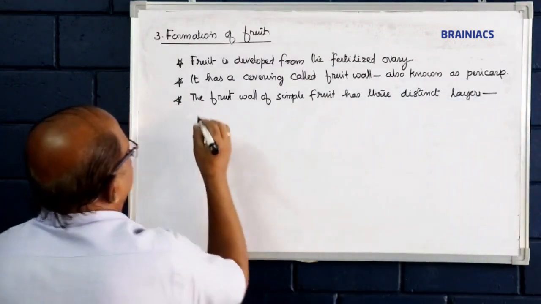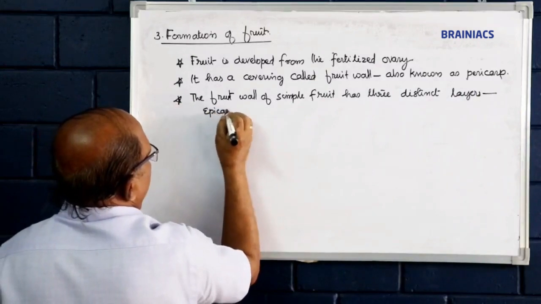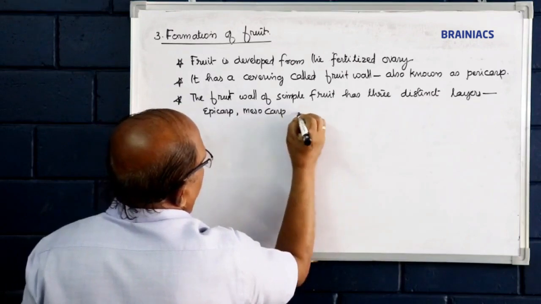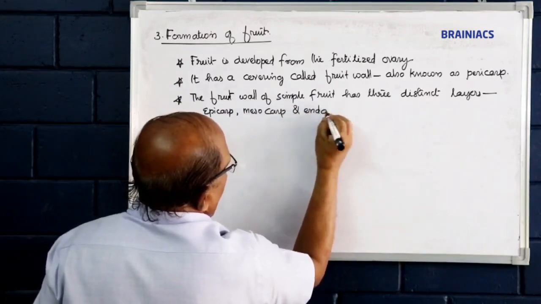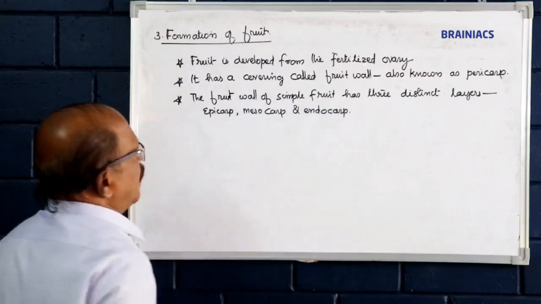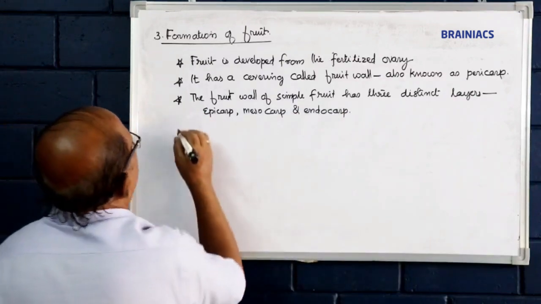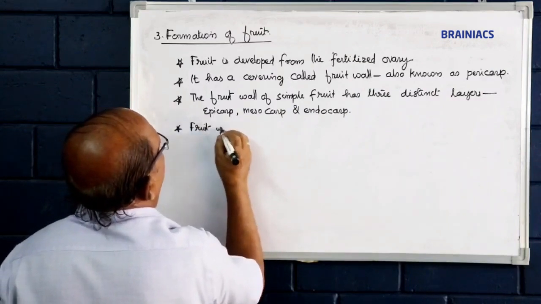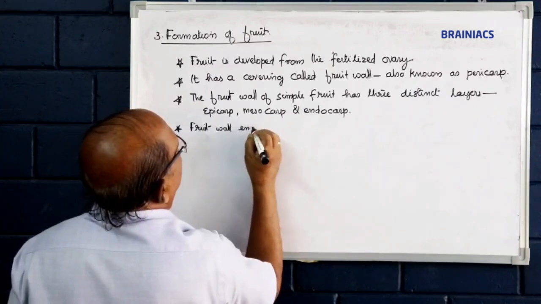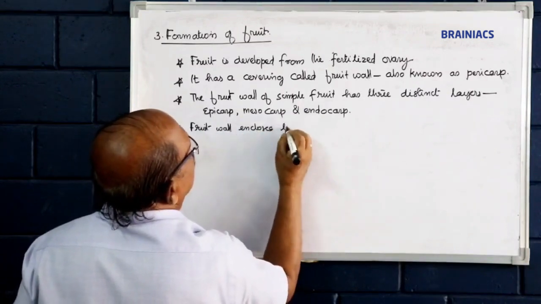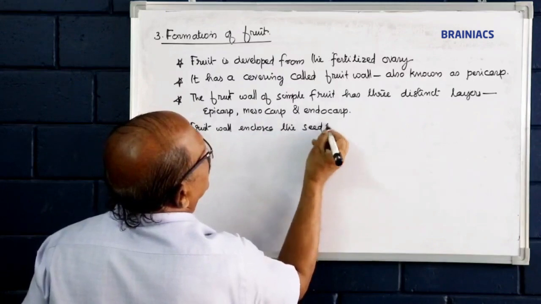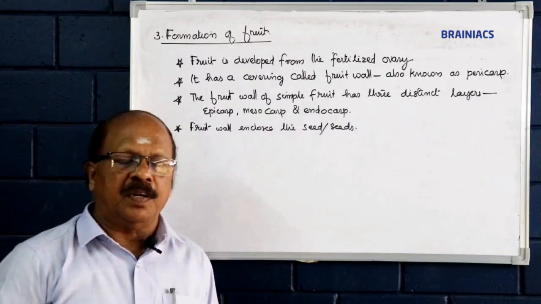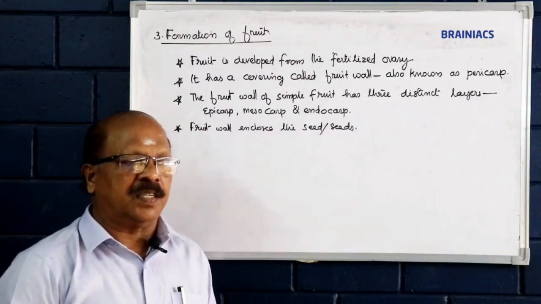Namely, epicarp, mesocarp and endocarp. The fruit wall encloses the seed or seeds.